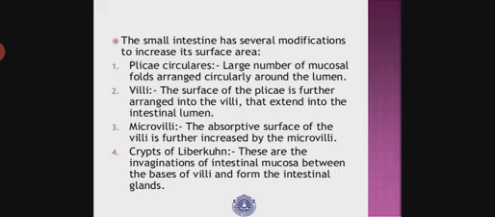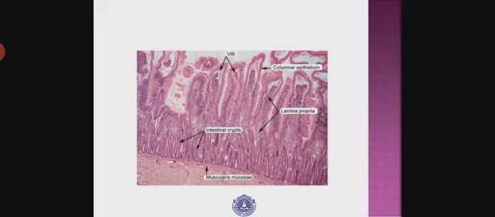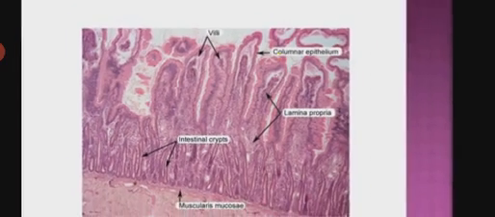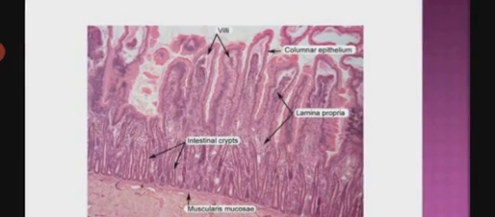And coming to the crypts of Lieberkühn, the next important modification of the small intestine. These are the invaginations of intestinal mucosa between the bases of villi and form the intestinal glands. So this is the sectional view of the small intestine, the actual slide photograph.